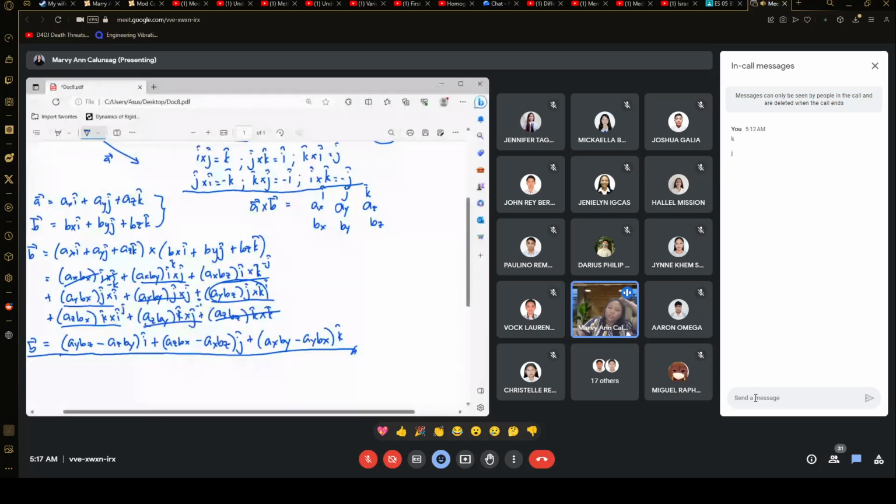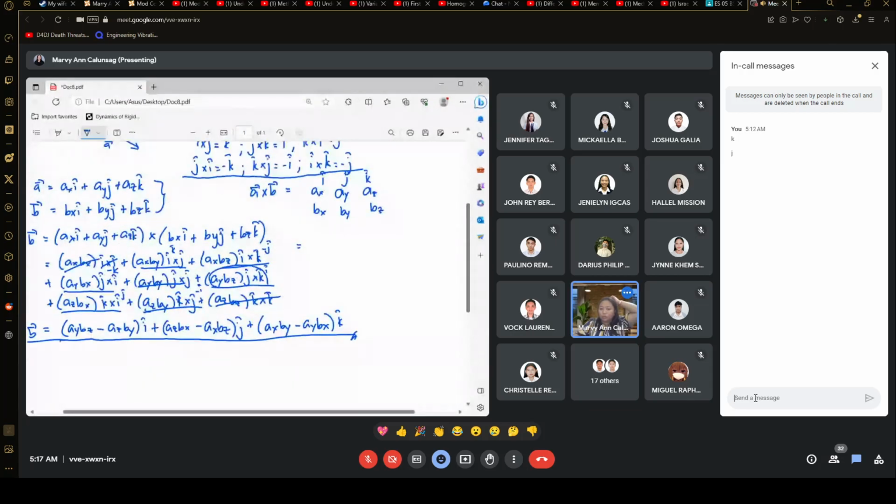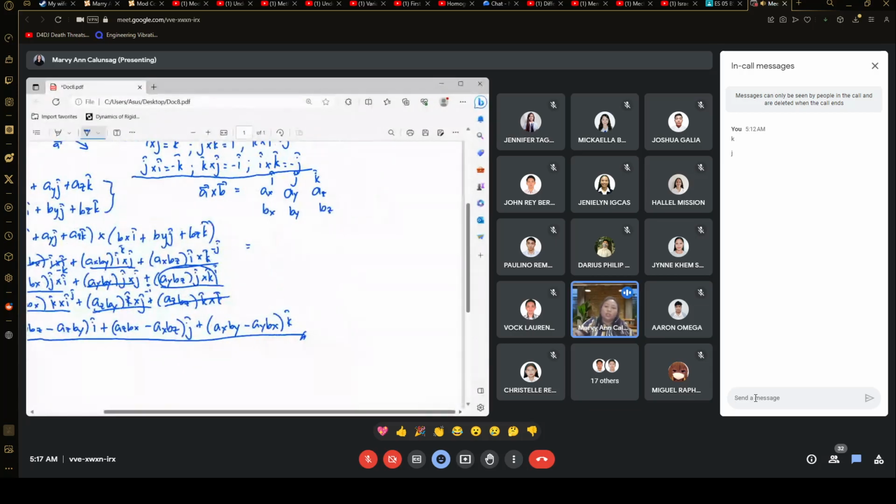Now, in the concept of expansion by minors, the steps are as follows. The sign here is positive.